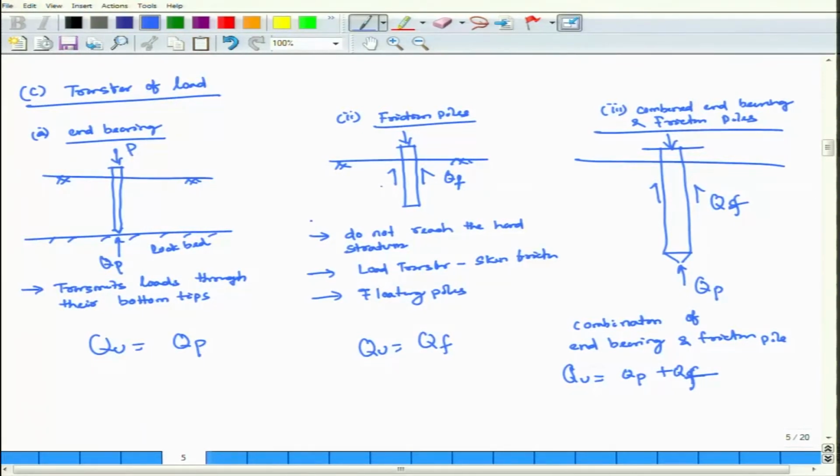Combined end bearing and friction piles means the load will be transferred from superstructure to foundation by means of side friction as well as tip resistance. So, Qu is equal to, in this case, end bearing Qp; here Qu is equal to frictional resistance Qf; here Qu is equal to Qp plus Qf.